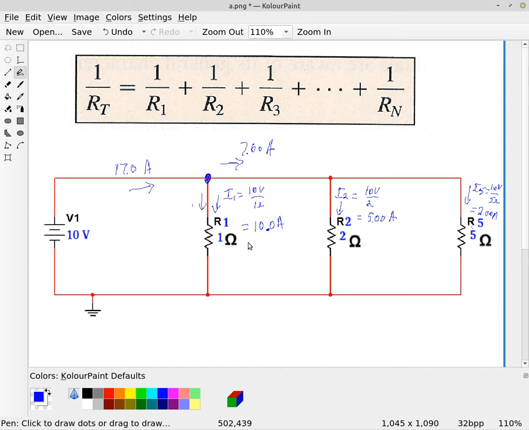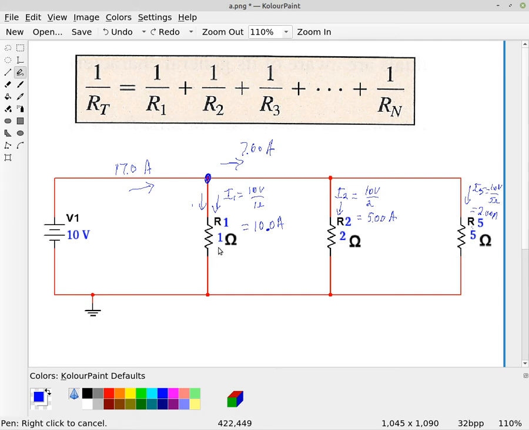So notice here that R1 is the smallest resistance, and yet it has the largest current, right? So the current takes the path of least resistance, but all paths have some resistance.